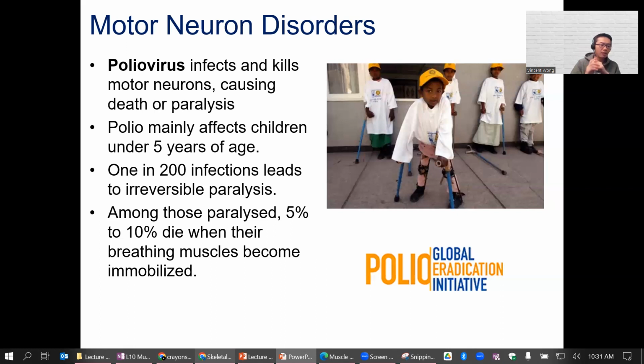But with the pushback of anti-vaxxers, and there are some places that are really hard to deliver the vaccine to because of a lack of infrastructure in these developing places, it's close to eradicating polio, but not quite there yet. But there is a way to stop it. The vaccine is exceedingly effective in preventing polio.